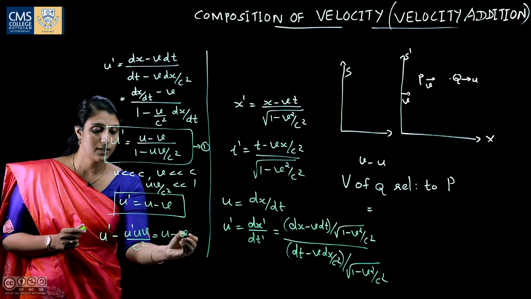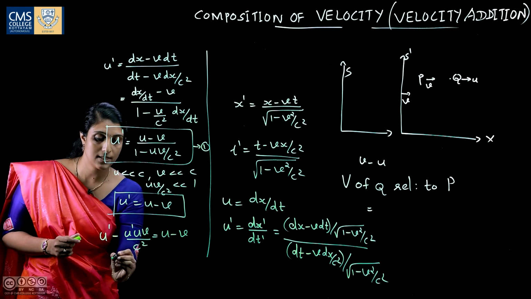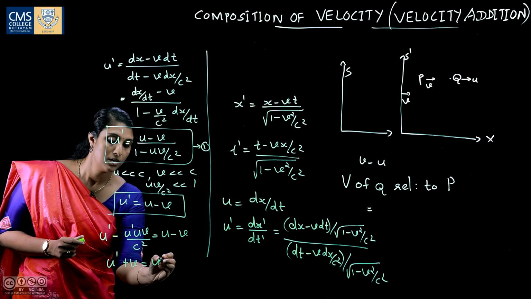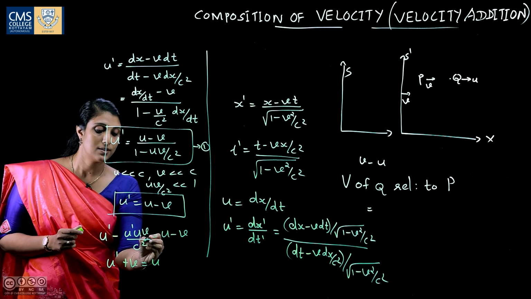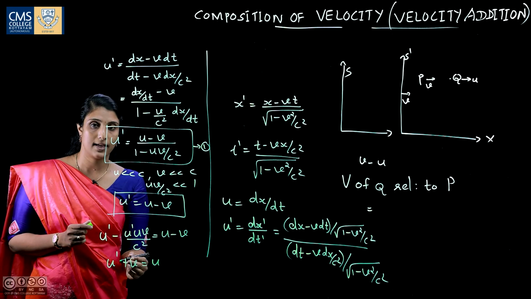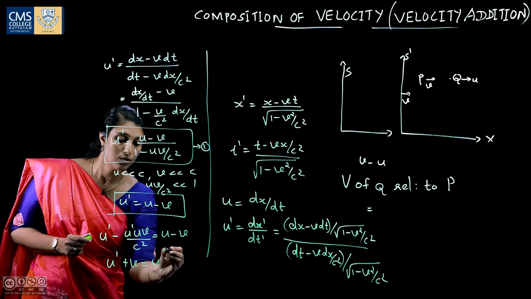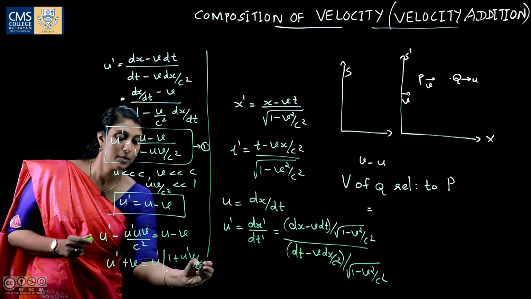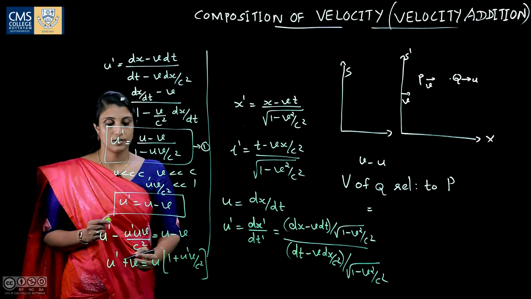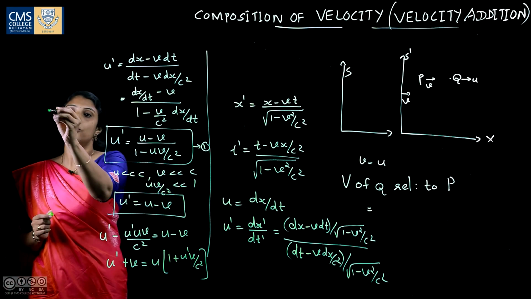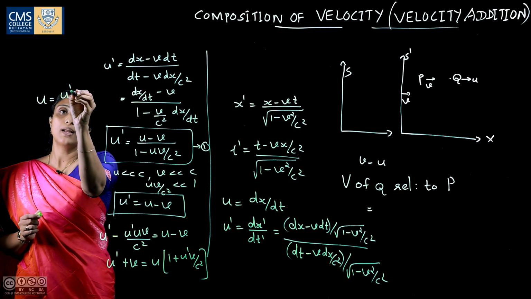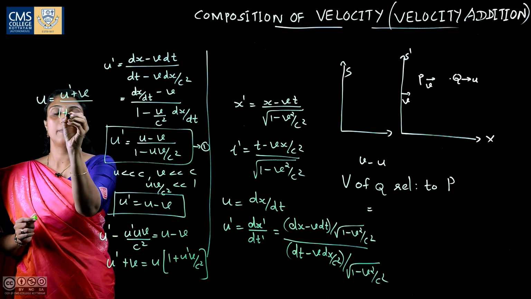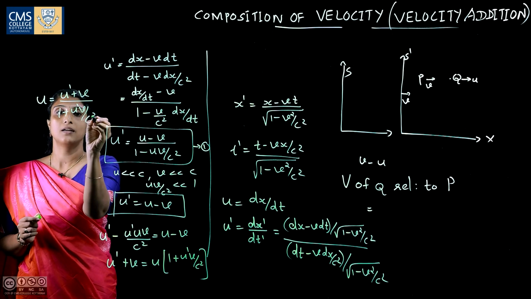Now this v, on bringing to the left hand side, we get u dash plus v equals u dash uv by c square, which we bring to the right hand side plus u. So taking u common, u times 1 plus u dash v by c square. So u equals u dash plus v divided by 1 plus u dash v by c square.